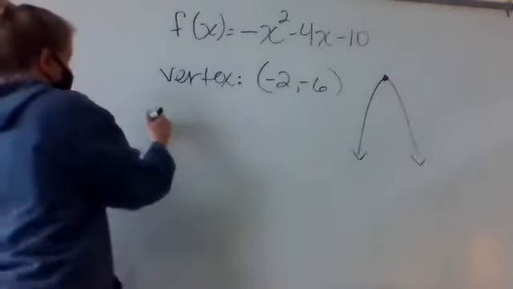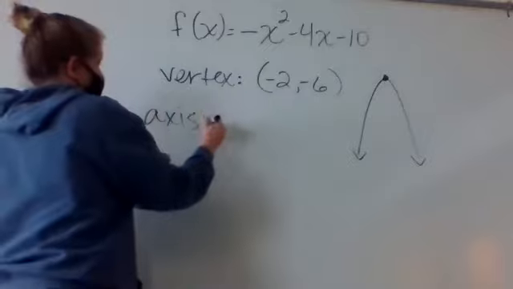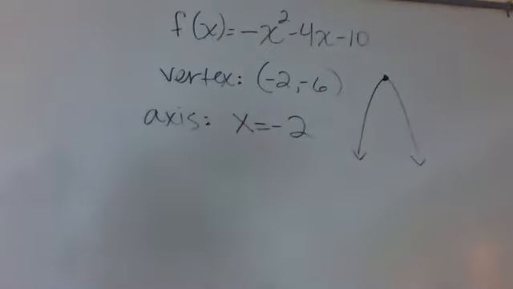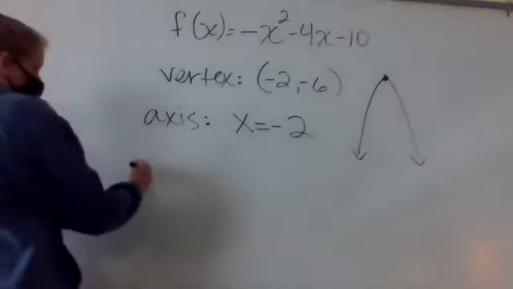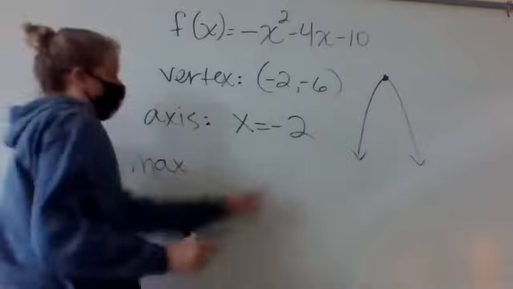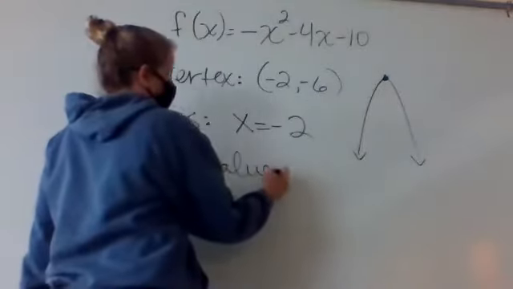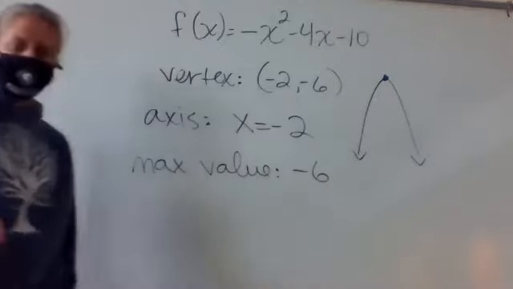The axis of symmetry is x equals negative 2. This one has a maximum value, right? Since it's upside down and its vertex is at the top, its maximum value is negative 6.